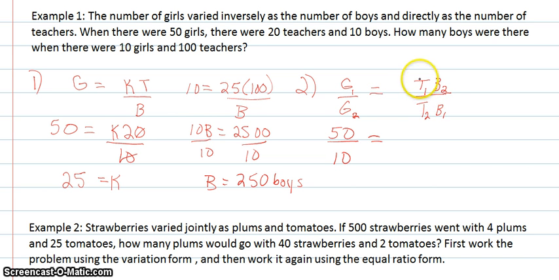Then I would have, for the teachers, my 20 teachers on top, and then the 100 on bottom. And then we're looking for how many boys, so that's the B sub 2 on top, and the B sub 1, that's the first amount of boys they gave us, which was 10, would be multiplied by the 100.